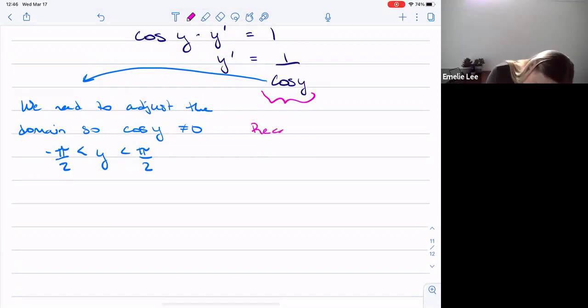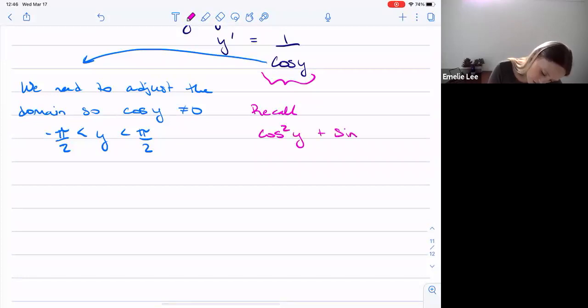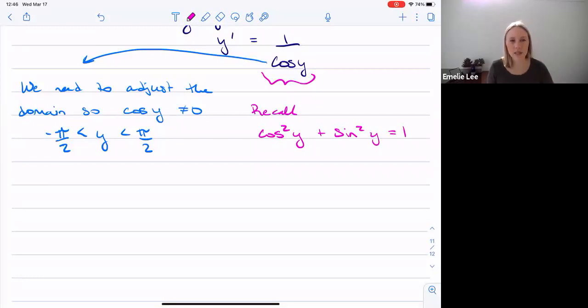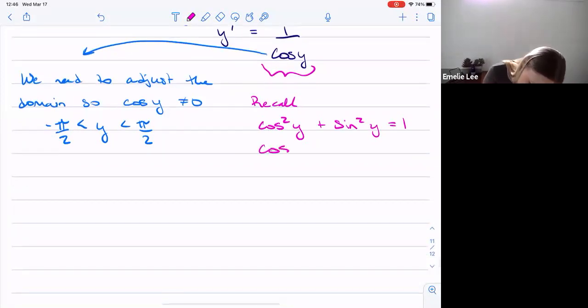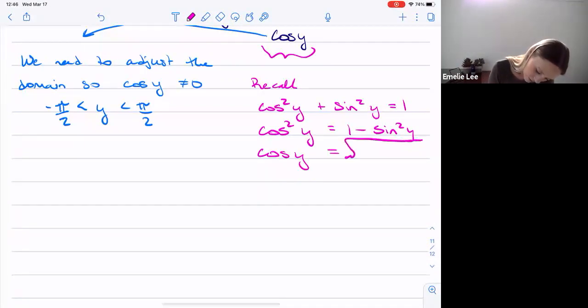So recall, and this is the big thing, using this identity that cos squared y plus sine squared y equals 1, let's start with cos squared y. So cos squared y equals 1 minus sine squared y. But remember, the squares, you can just pull them outside. So cos squared y is cos y times cos y. So you get cos y equals the square root of 1 minus sine squared y.